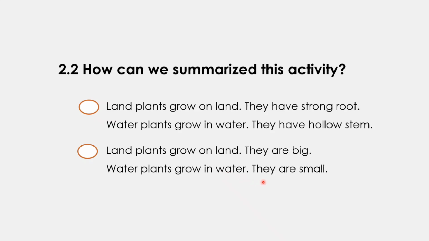Yes. How about they are small? Not sure, because there are also some plants that grow in the water. They can be tiny or small, but some plants are also big. So what is the best summary of this activity? It's time to check your answer.